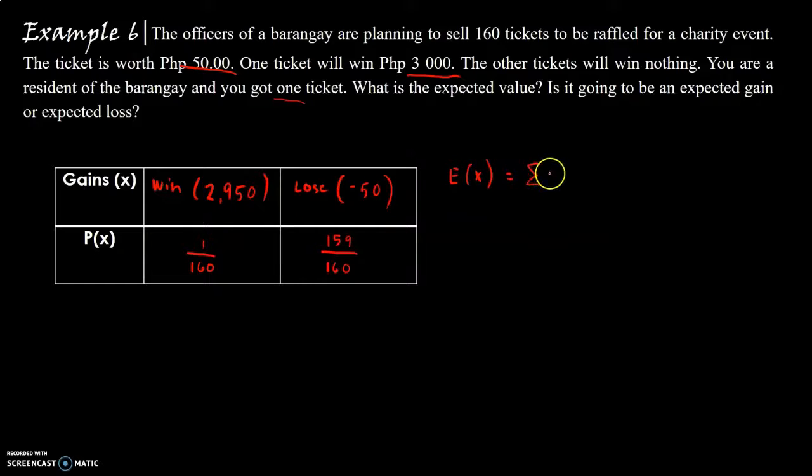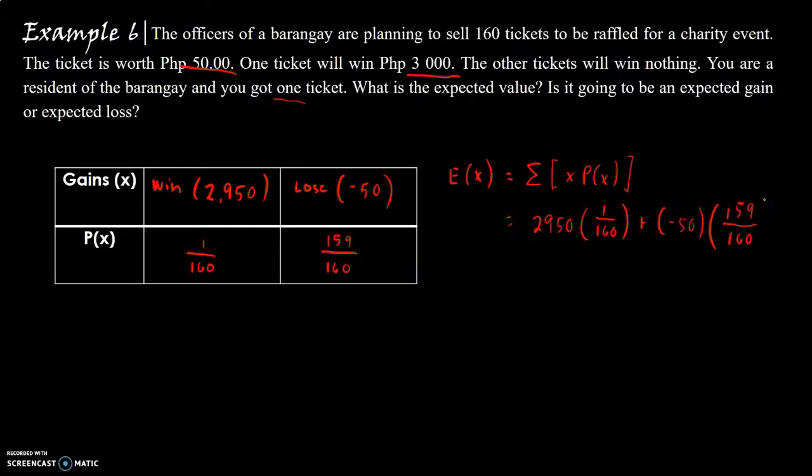Okay, solving for the expected value, we have the summation of x times the probability of x. And that is equal to 2,950 times 1 over 160 plus, here you have already negative 50, so you have negative 50 times the probability of losing, 159 over 160.